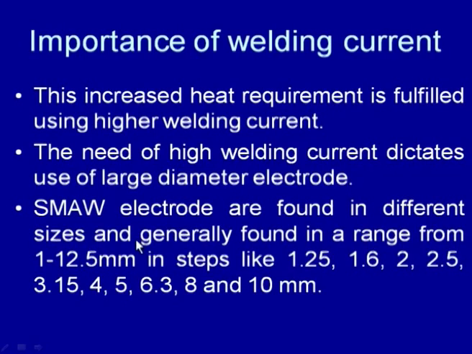It is common to have electrodes over a range of diameters. So, these SMA welding electrodes are found in different sizes, and the size is generally specified by the diameter of the core wire. These electrodes are found in the range of 1 to 12.5 mm size.